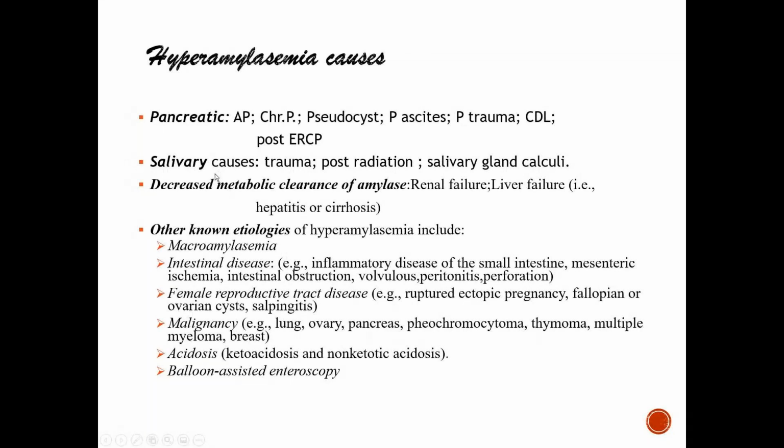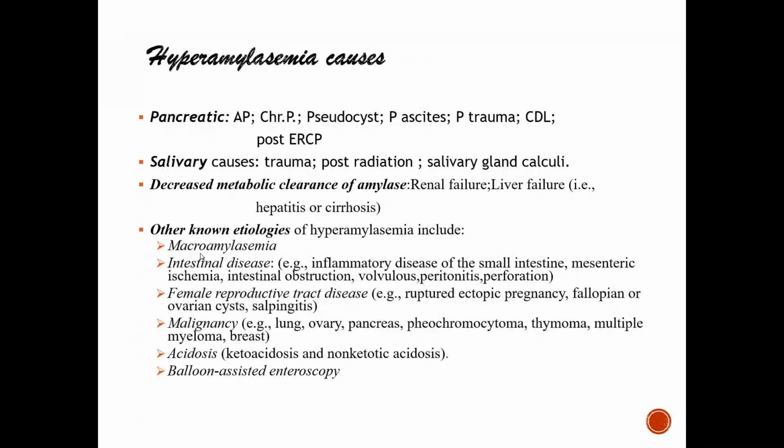So you have post radiation to the neck, which will increase the amylase level. Salivary gland calculi, or trauma to the parotid region, give a raised amylase level, right? Other known etiologies where you can have a raised amylase level: macroamylasemia, and any kind of intestinal catastrophe, intestinal perforations, intestinal volvulus, peritonitis, mesenteric artery thrombosis, right?